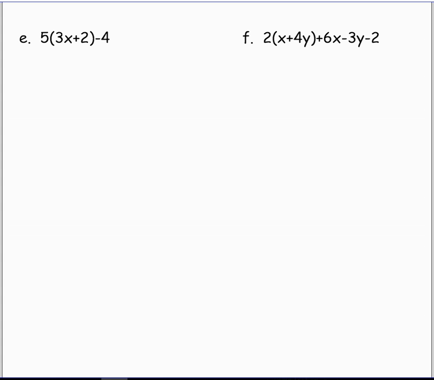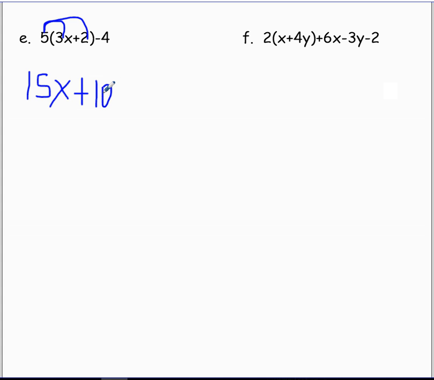Here's a couple more. We have 5 times the quantity 3x plus 2, and then subtracting 4. So let's distribute our 5. 5 times 3x. 5 times 3 is 15, so we get 15x. And 5 times 2 is 10, so we have plus 10.